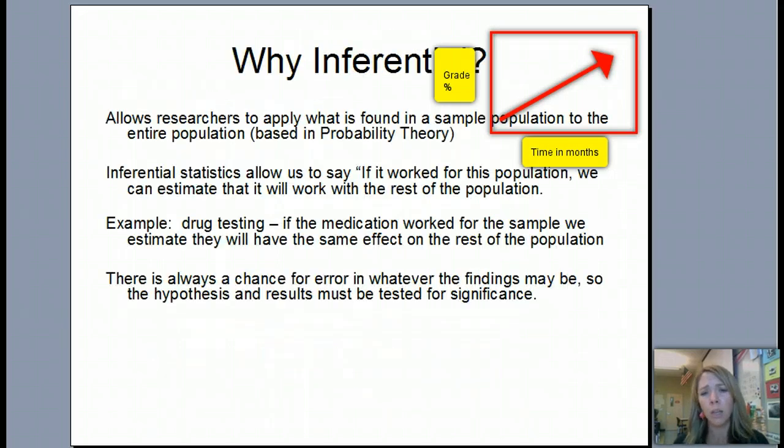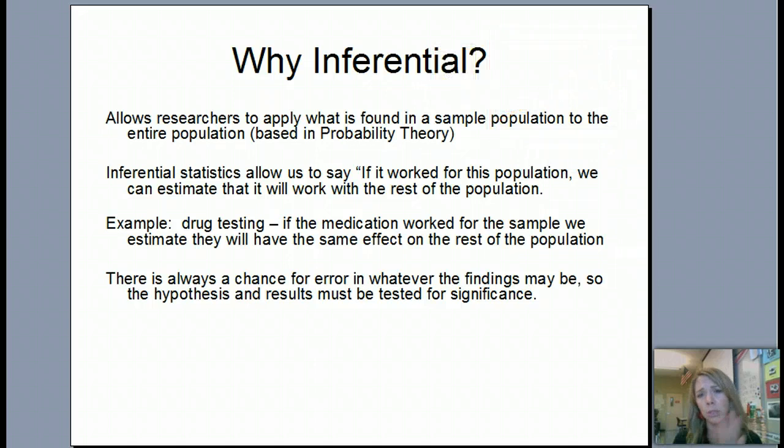Why do we do that? I want you to read through this and take some notes down. I'm going to summarize it really quick. We do this a lot with testing out new drugs. Antidepressants, anti-anxiety, heartburn, anything like that, where we're trying out a new drug. We try it with a sample population, and then we want to take those results in that small population and apply it to the entire population.